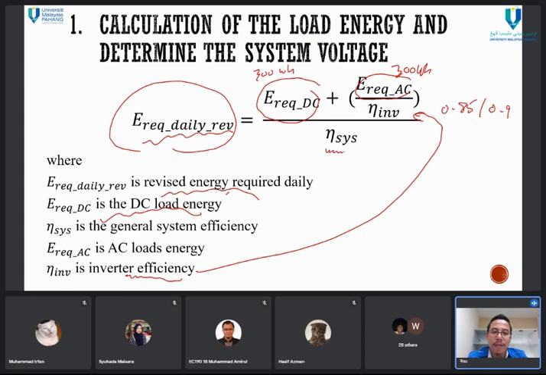Then the overall general system efficiency comes in here. This is what I said, maybe 80, maybe 75, or maybe 85. Maybe you put 80, that is also okay. This is the general system efficiency, including all the losses that come from the cables, connections, battery, and so on. Rough numbers.